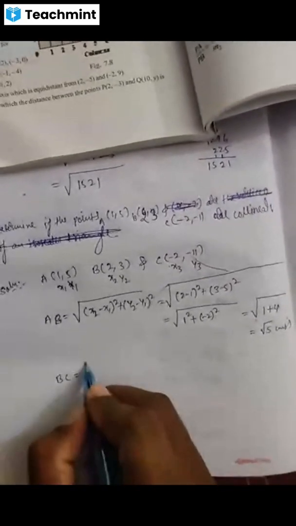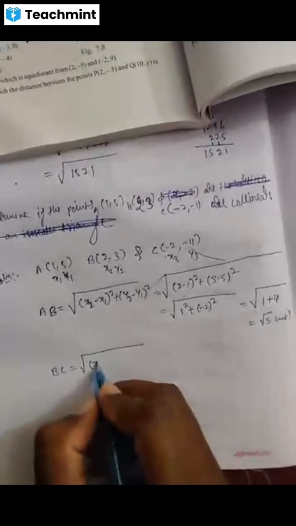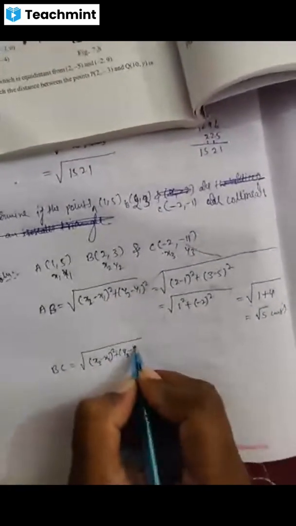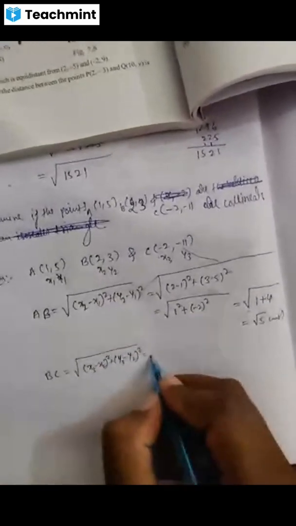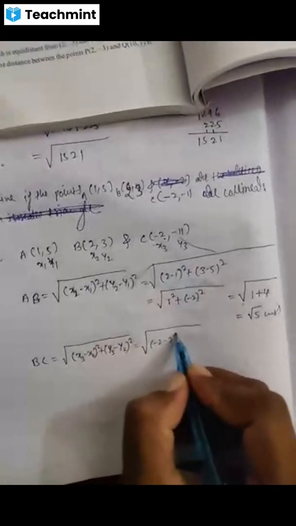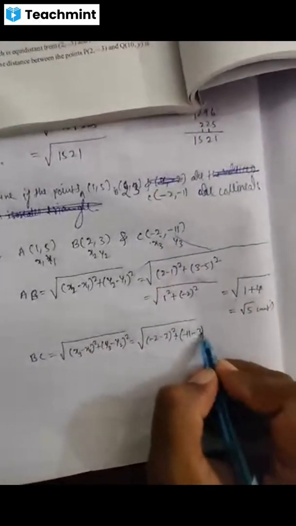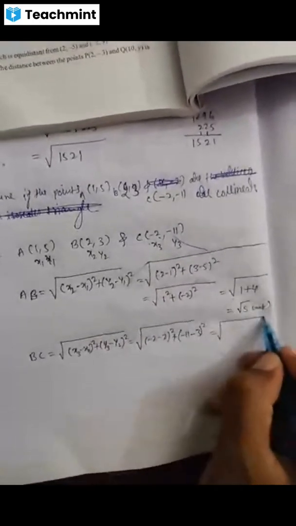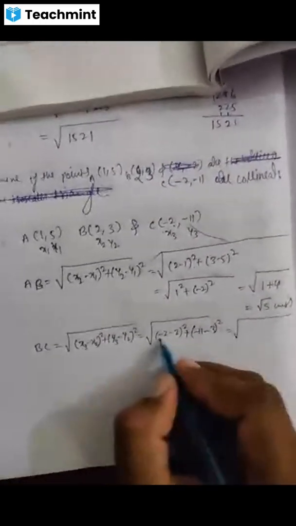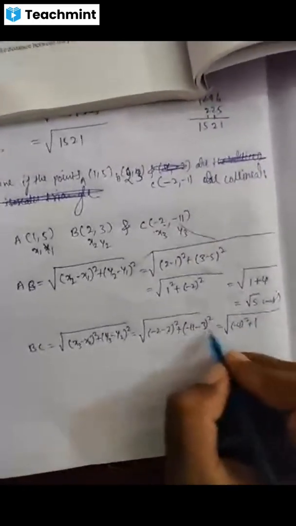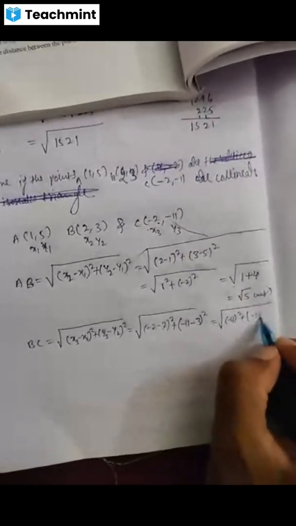Okay, in the same way, to find BC we have the square root of (x3 minus x2) whole squared plus (y3 minus y2) whole squared. What is x3? That is -2. So (-2 minus 2) is -4, whole squared, plus (-11 minus 3) is -14, whole squared.